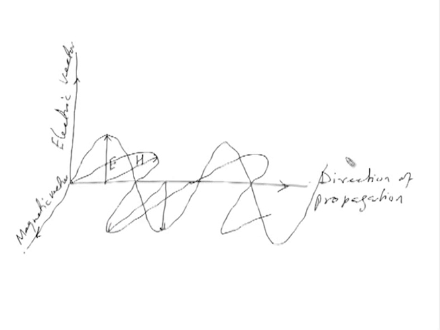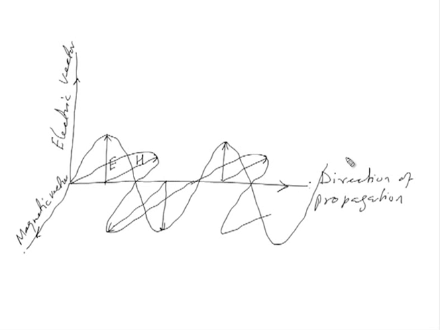These are the two components of this wave, electric and magnetic components. These are perpendicular to each other and also to the direction of propagation. So, that is a typical electromagnetic wave, which has two components perpendicular to each other: one is the electric component or electric vector, another is the magnetic component, and they are perpendicular to the direction of propagation.